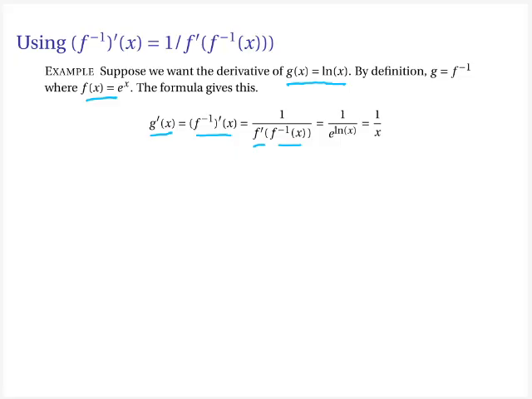We know how to take the derivative of the exponential function: the derivative of e to the u is e to the u. And then don't forget to plug in the correct thing, and there it is. We know that e and ln cancel each other, and when all the smoke clears, you just got 1 over x.